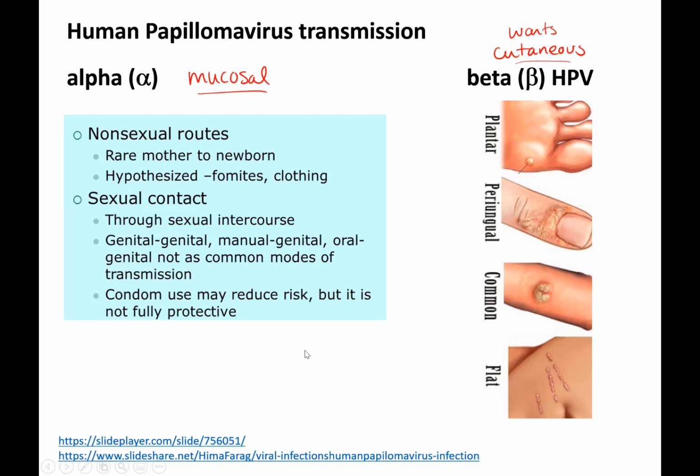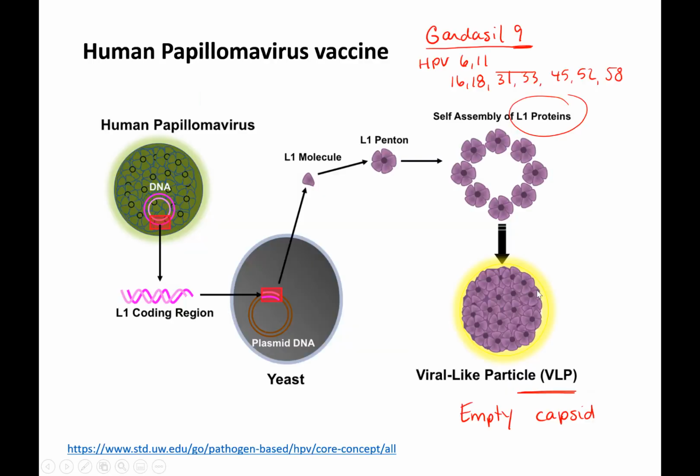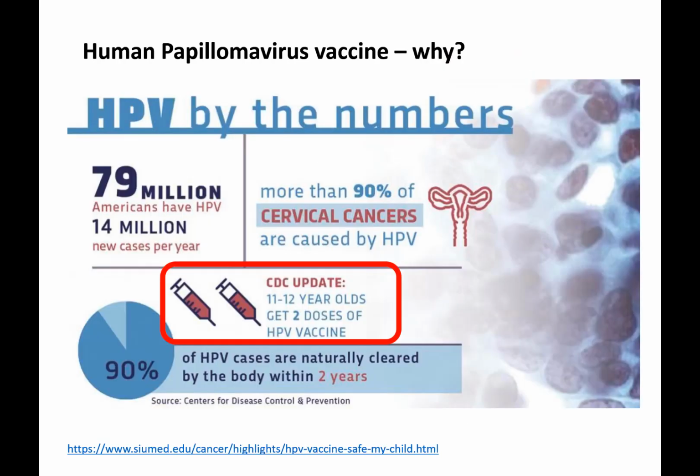Okay, let's go. So I'm going to throw some stats at you because I think it's interesting. HPV is very common. 80% of people will get an HPV infection in their lifetime. But naturally, your body usually clears it, within 2 years.